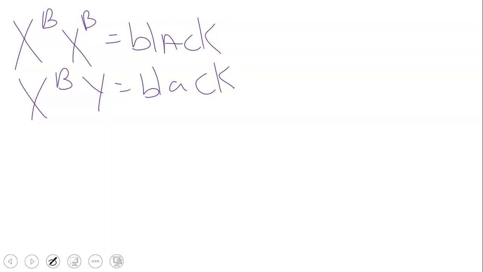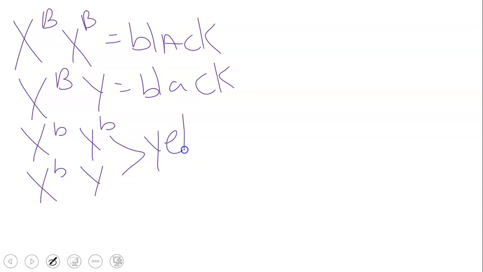And then it says little b produces yellow. So X little b, X little b, or X little b, Y, these are going to give you yellow. And the heterozygous condition, X big B, X little b, gives you what's called the tortoiseshell.